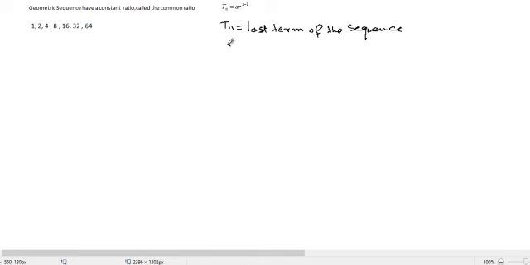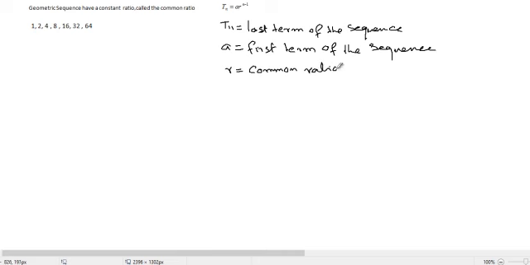And a is equal to the first term of the sequence. r is the common ratio. It's called common ratio. n is equal to the number of terms.